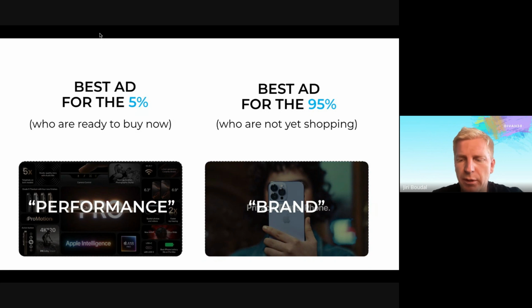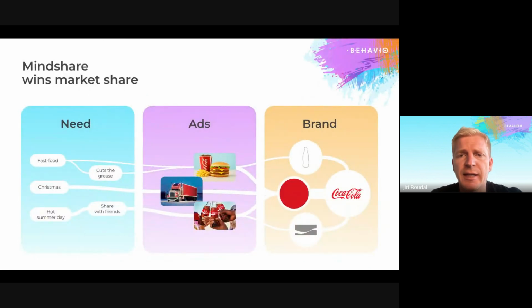How does this work? This gets us to the best way to measure that. You're building mind share, being top of mind in different buying moments that are relevant for the category, by linking the brand in memory through ads. You have some memory structures, some neurons that are active when you want to buy fast food.